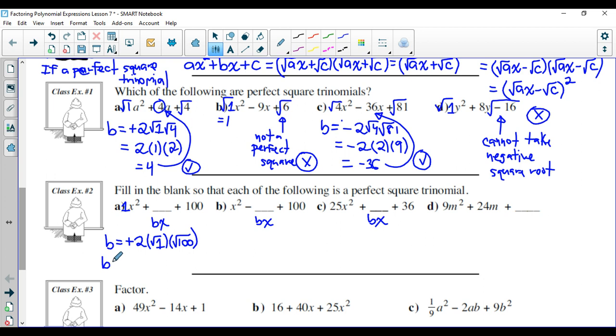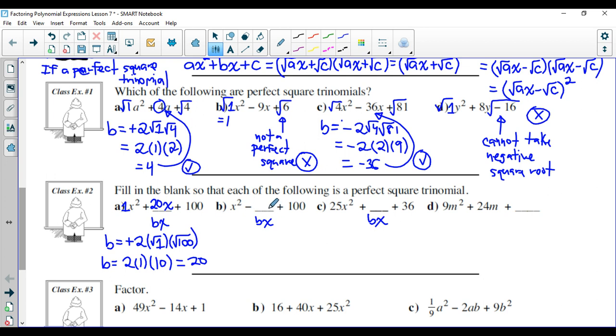Okay, so b would then be 2 times 1 times 10. So this would then be equal to 20. So what goes in the blank here? It would be 20x. Okay, so that meets my criteria for what the value of b is in a perfect square trinomial.